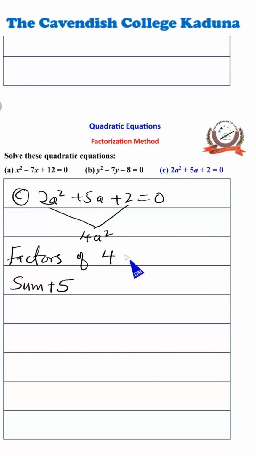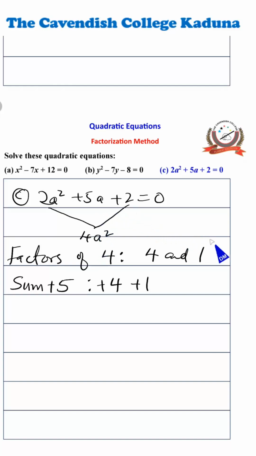The two factors of 4 whose sum will give us positive 5 will be 4 and 1, since the sum we are looking for is positive and the number we are looking for factors of is also positive. Therefore, plus 4 plus 1 will give us 5.